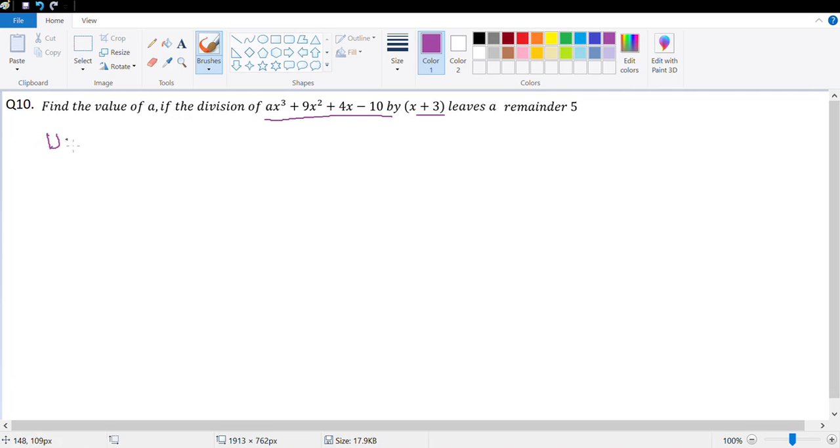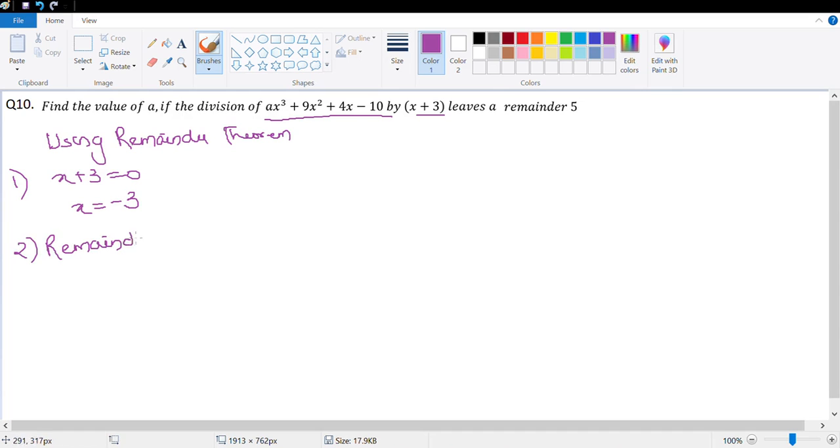So using remainder theorem, what we get is x plus 3 is equal to 0, which means x is equal to negative 3, which means remainder will be equal to the value of the polynomial when x is equal to negative 3, and the remainder is 5. Yes, that's correct.